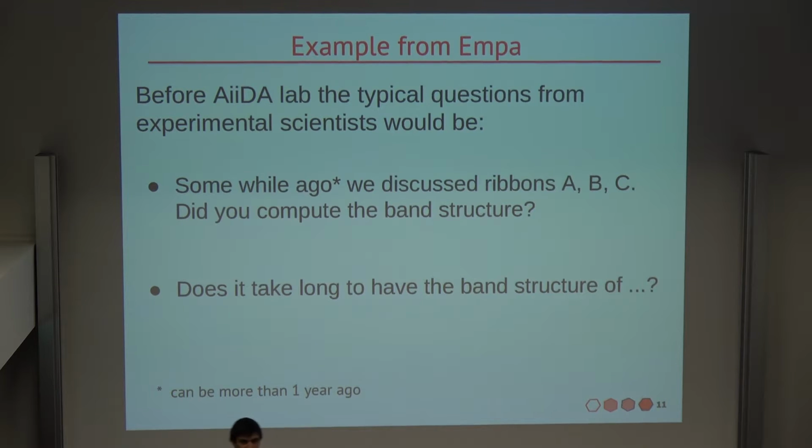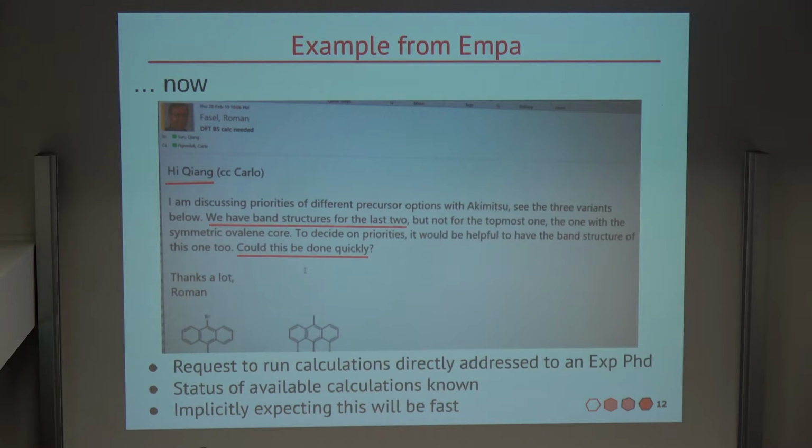The question can be about a band structure that was computed one year ago, and then the question is meaningless, because even though you have done this calculation, you probably don't know where it is. And then, of course, the second question: how long does it take to get the band structure of this particular material? Now things have changed quite a bit.